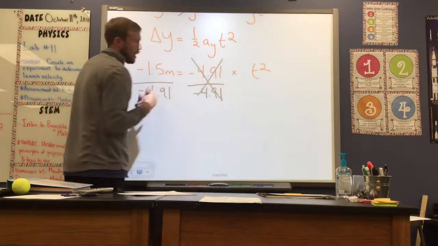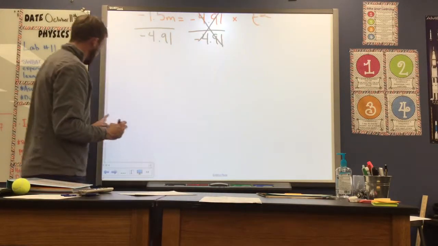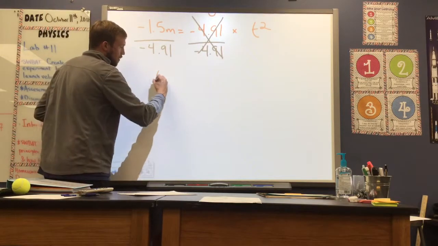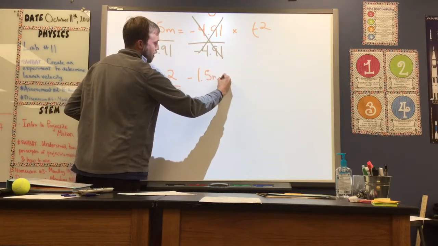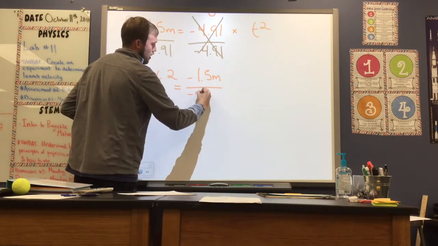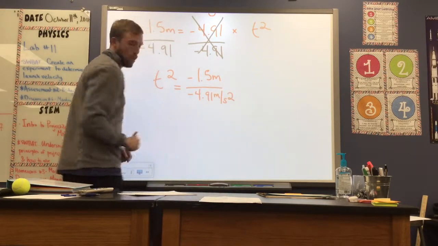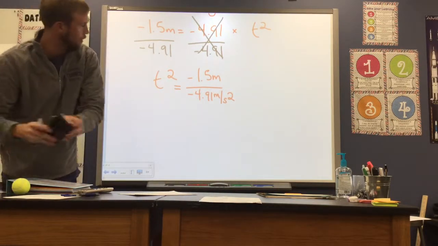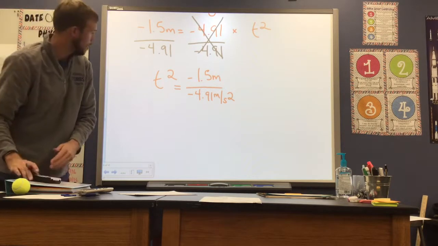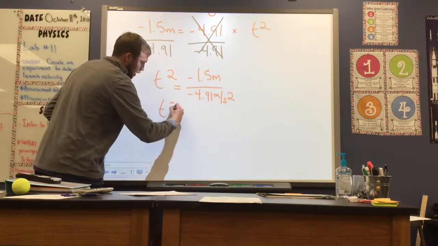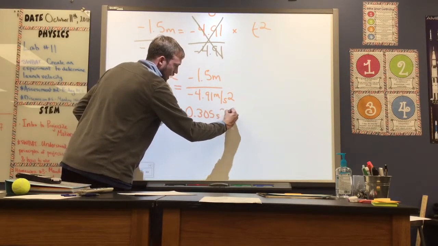So these negative 4.91s will cancel out, and I'll be left with an equation that looks like this: t squared is equal to negative 1.5 meters divided by negative 4.91 meters per second squared. If I plug that in real quick to my calculator, I'm going to get a time value squared of about 0.305 seconds squared.